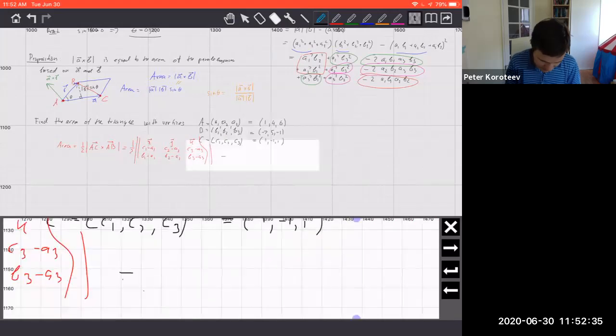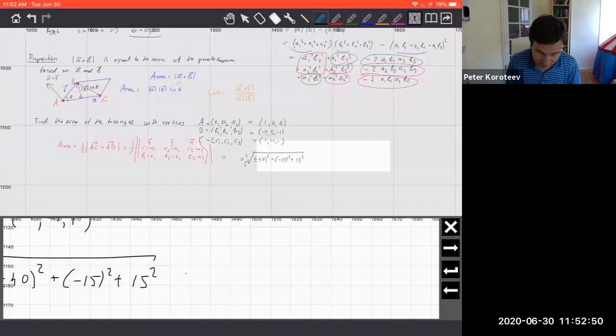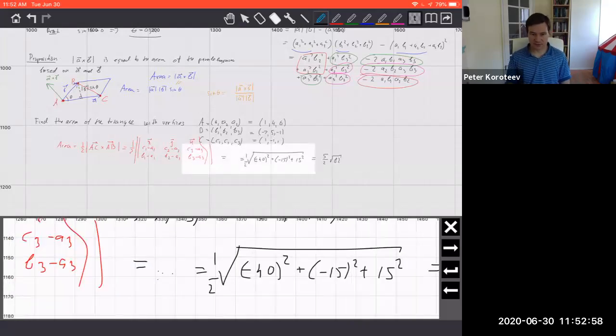And then you can do it by yourself. If you do the calculation, you'll have one half square root of -40 squared plus -15 squared plus 15 squared, and that gives you 5/2 square root of 82. Yeah, the calculation is straightforward.